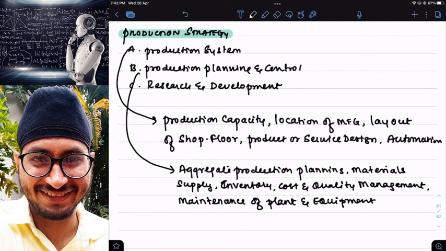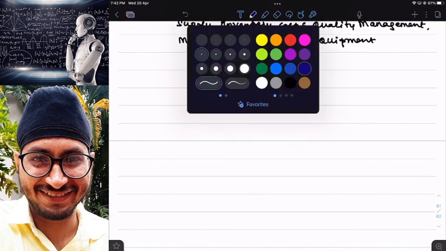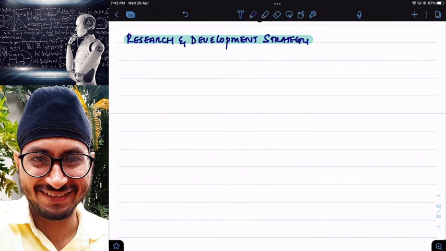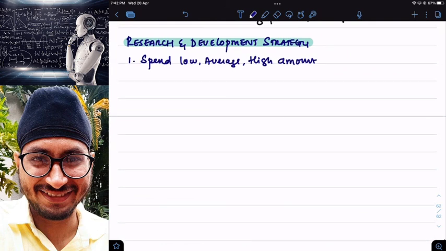In R&D strategy, some points to keep in mind: number one, should I spend a low, average, or high amount on research and development?